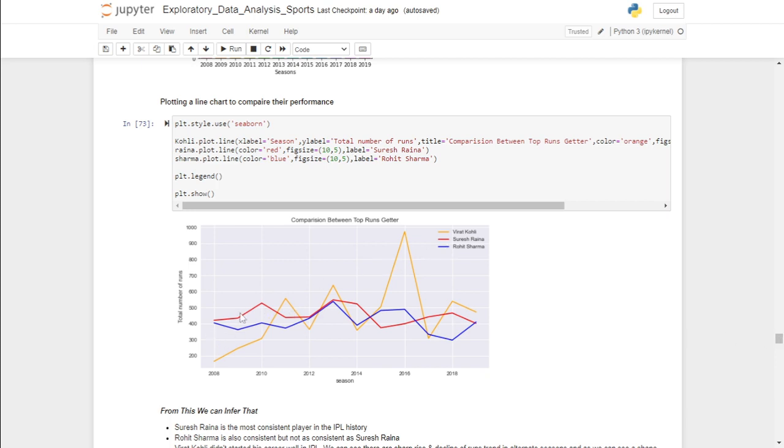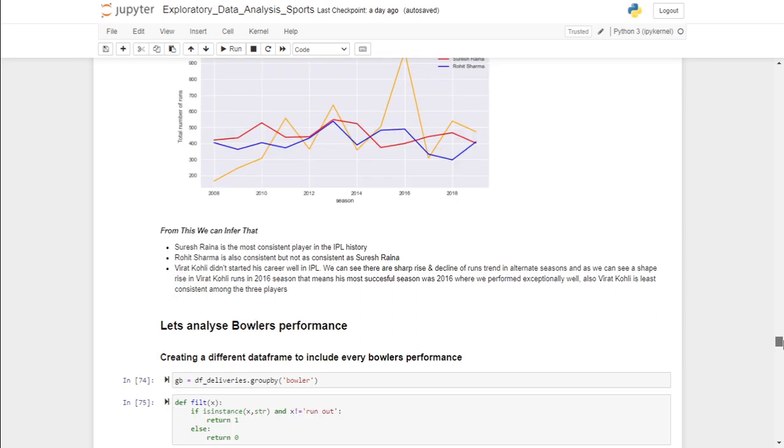And Suresh Raina, you can see, is a constant player. He has a nicely distributed average run per season. And Rohit Sharma also has nicely balanced runs in every season.